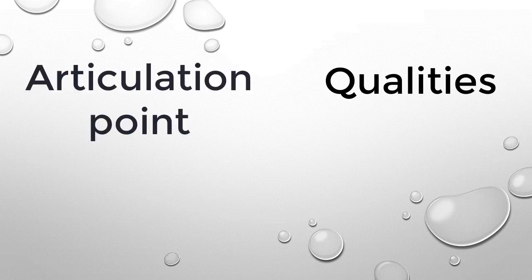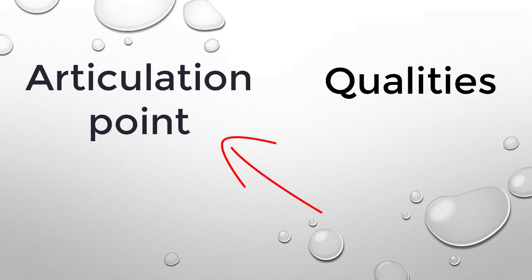And before that, let me explain something first. The letter in Arabic language has two main things. The first one is the articulation point, and the articulation point is where the letter comes from. In Arabic we have about 5 different articulation points that we pronounce letters from.